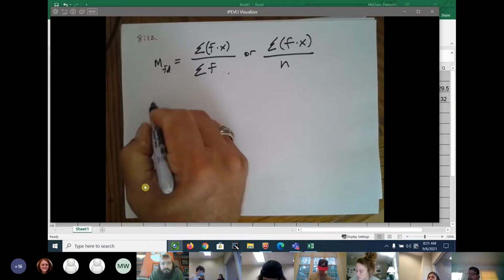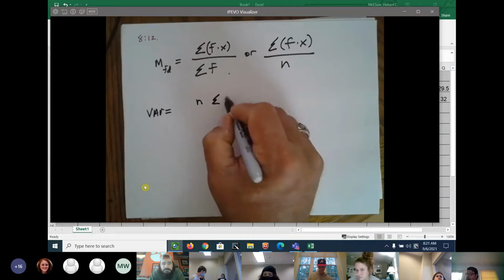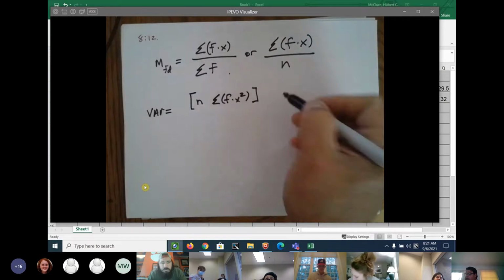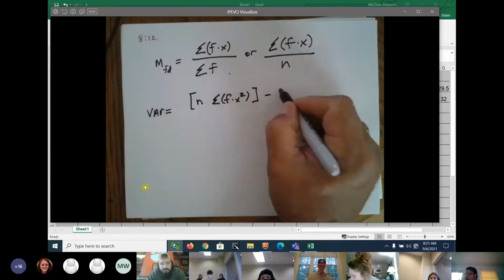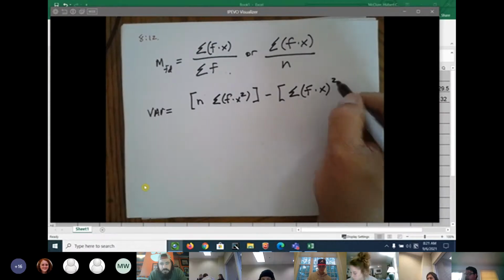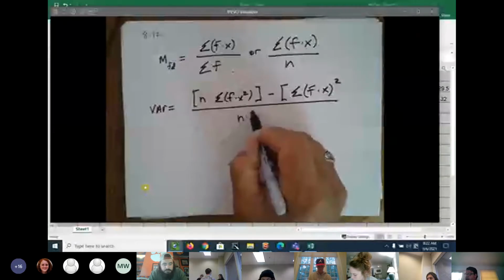Variance is equal to n times the summation of f times x squared minus the summation of f times x quantity squared, over n times n minus 1.